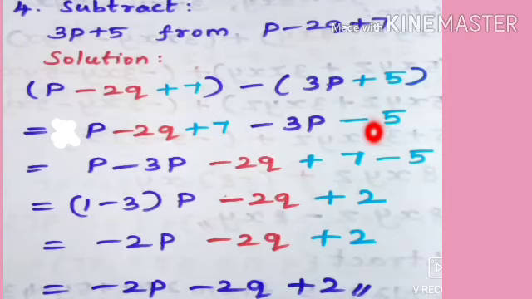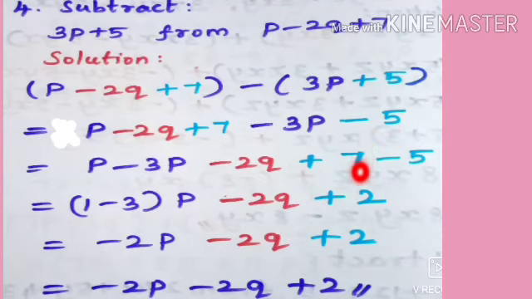And in the next step, by using multiplication of integer rule, that is, product of two different integers is always a negative integer. So by using this, we can write it as p minus 2q plus 7, minus into 3p is minus 3p. Minus into plus 5 is minus 5.